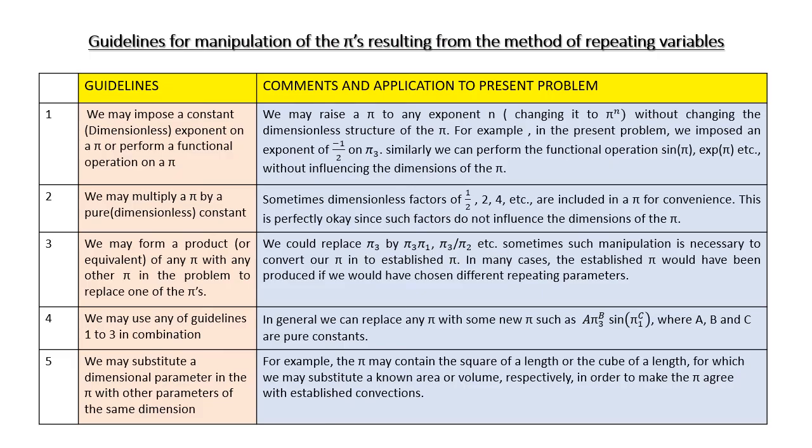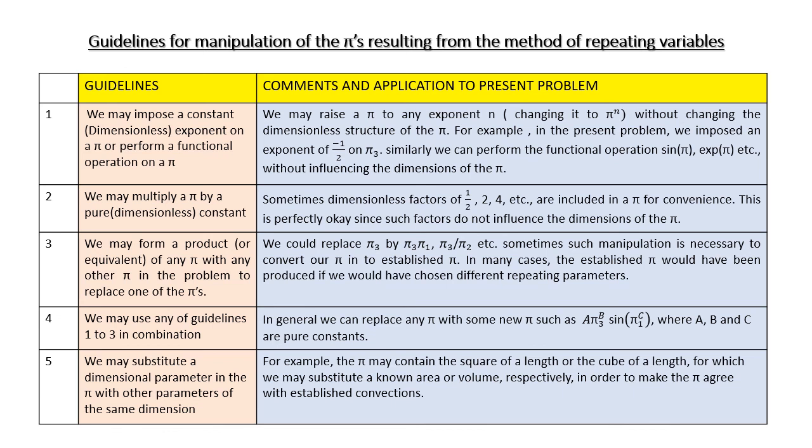Here are the guidelines on how to manipulate the pi terms. The first one is that we may impose a constant exponent on a pi term or perform a functional operation on a pi term. We may raise pi to any exponent n without changing the dimensionless structure of pi. For example, in the present problem we imposed an exponent of minus half on pi 3 to get pi 3 modified.